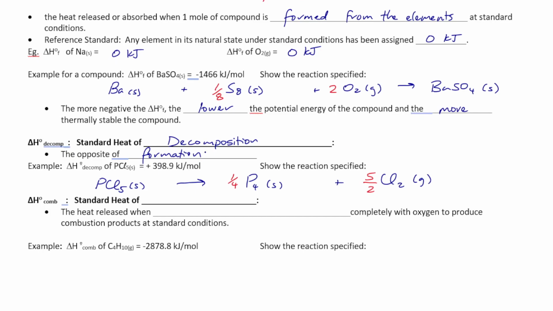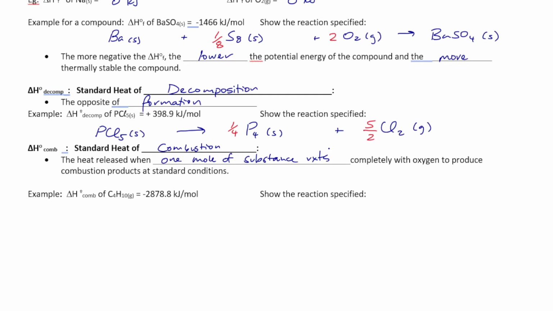Okay, the last one is standard heat of combustion right here. And that's the heat released when 1 mole of substance reacts completely with oxygen to produce combustion products at standard conditions. All right, so let's show the reaction of butane, and I'll write C4H10 gaseous is going to react with oxygen.